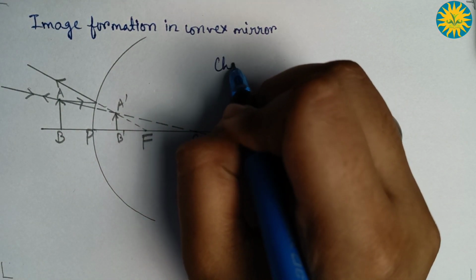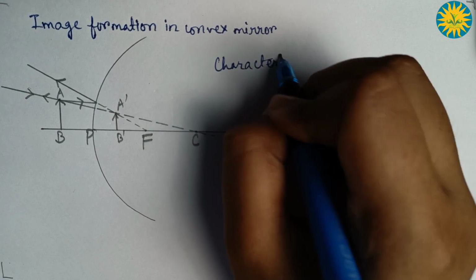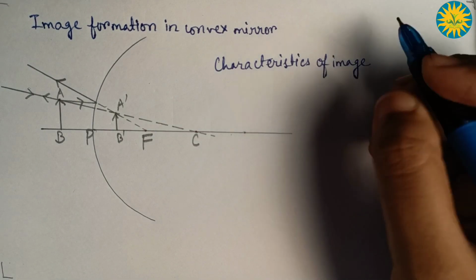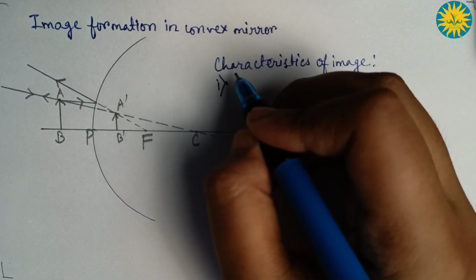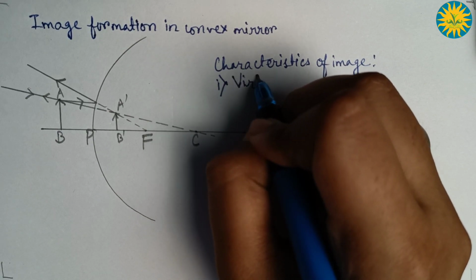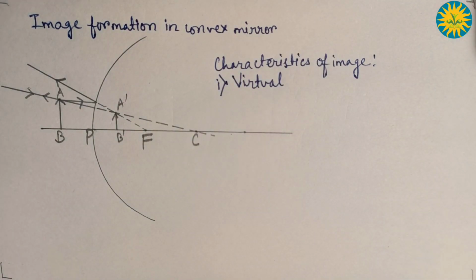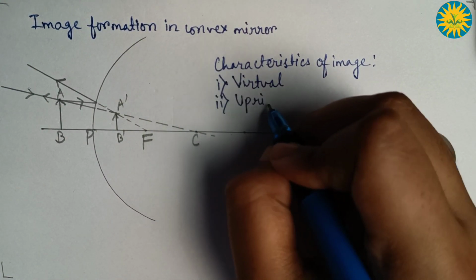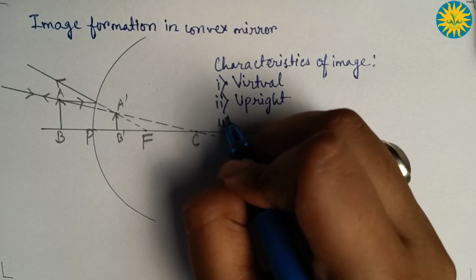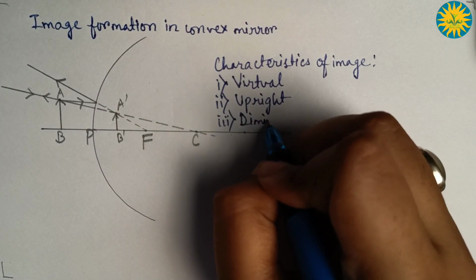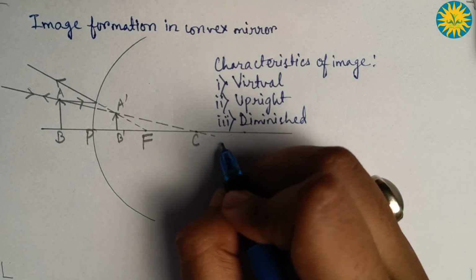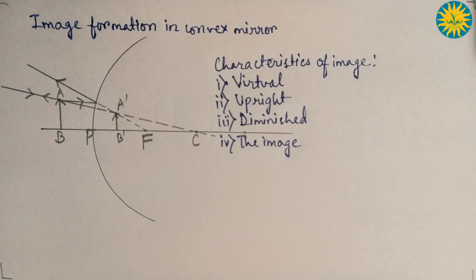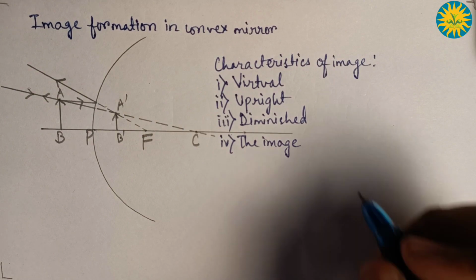Now we will see the characteristics of the image of the object in a convex mirror. Number one, the image is virtual. You can see that the object and image are on the opposite sides of the mirror. The image is upright or erect because the arrowheads of both the object and image point upward. It's diminished. You can see the size of the object is much larger than the size of the image. That's why the image is considered to be diminished.